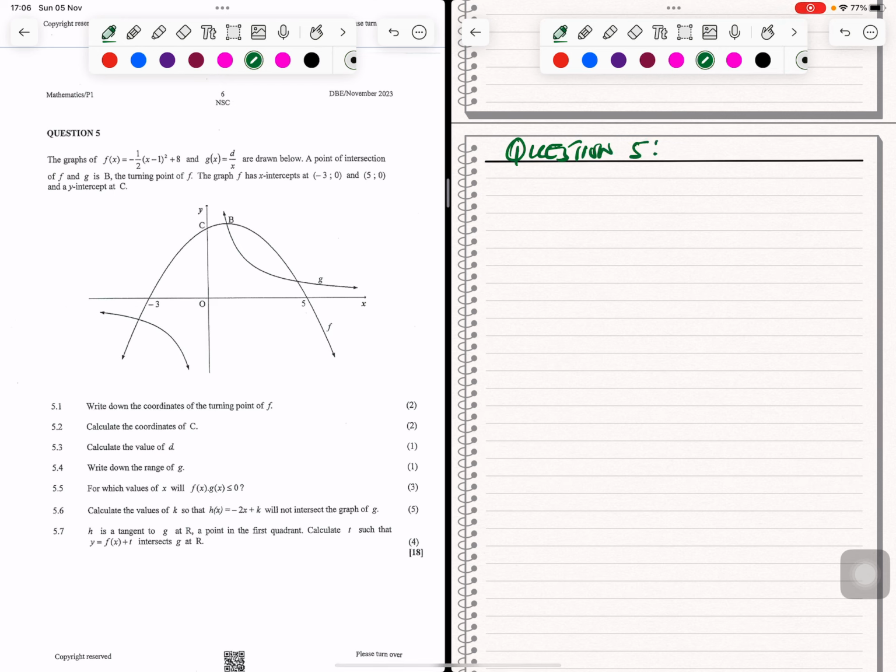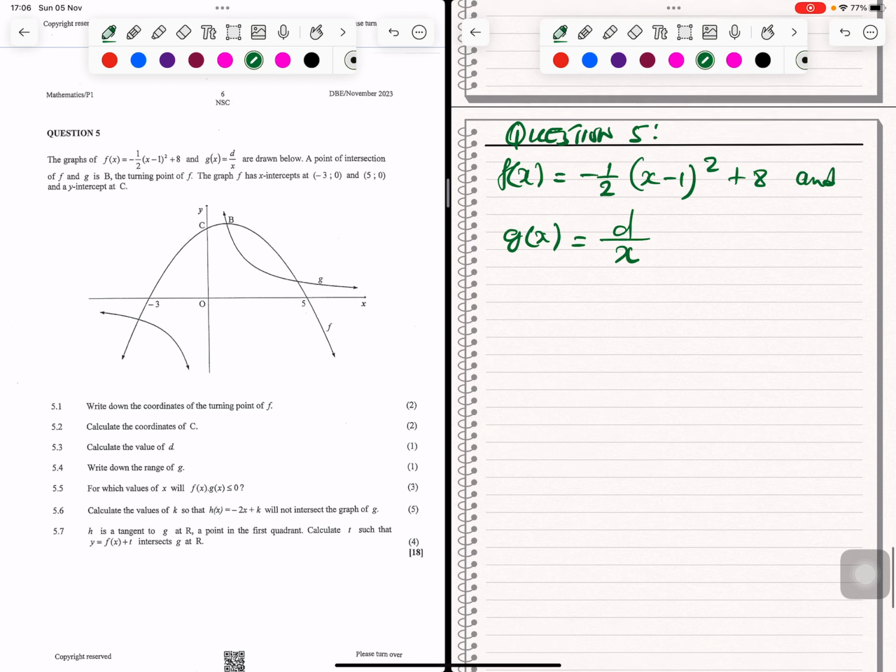So with regards to question 5, what are we given? The graph of f is given by negative 1 over 2 into x minus 1 to the power 2 plus 8, and g of x is equal to d over x.